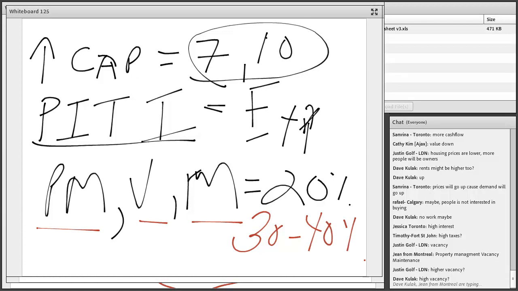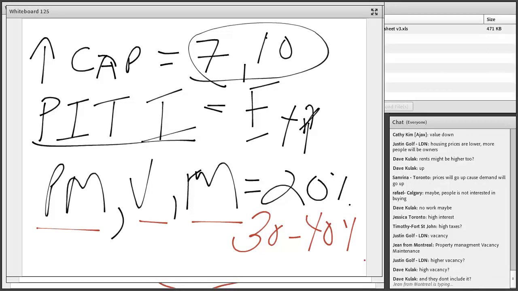Everybody understand that? So it looks like these are cash cows, right? And they do include it, actually. Like, when you're calculating, obviously, Dave, we're going to include it. But when they look at the 7 to 10 cap rate, what are they always making the assumption? Well, when you start getting into commercial, they will include it, but you're right, Dave, they try to hide that stuff more in these areas.